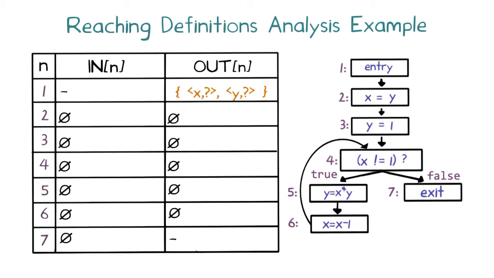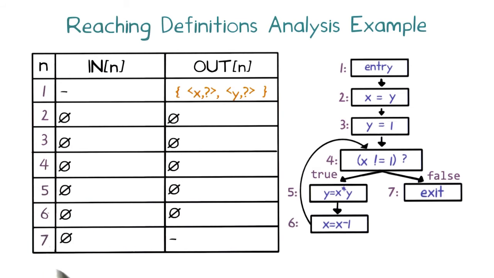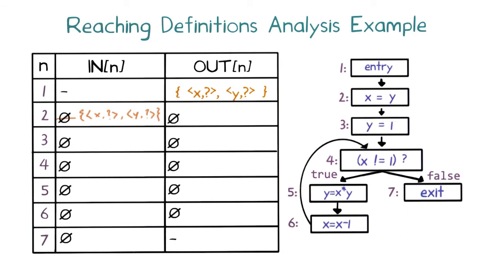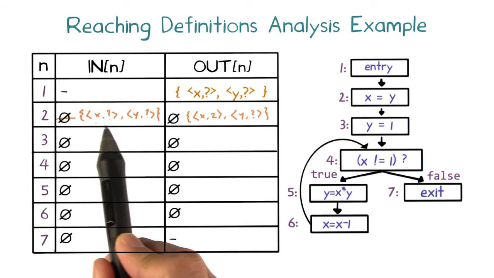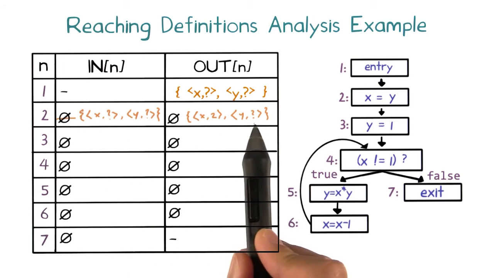Next, the algorithm repeatedly picks each of the remaining 5 nodes and applies the 2 rules that update their in and out sets. It also updates the out set of node 2 to reflect the fact that the definition of variable x generated at node 2 reaches the exit of node 2. Notice that node 2 also kills the incoming fact that x is undefined, but it retains the incoming fact that y is undefined.